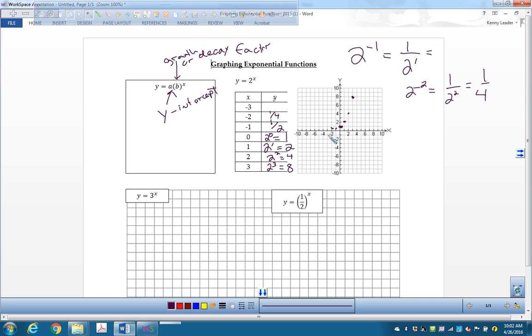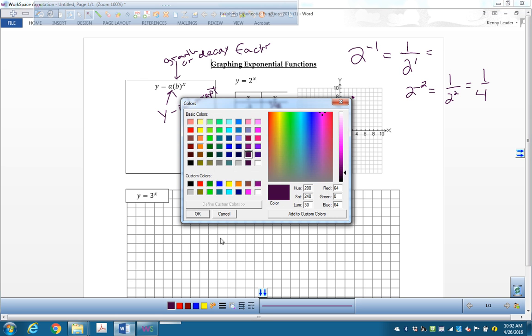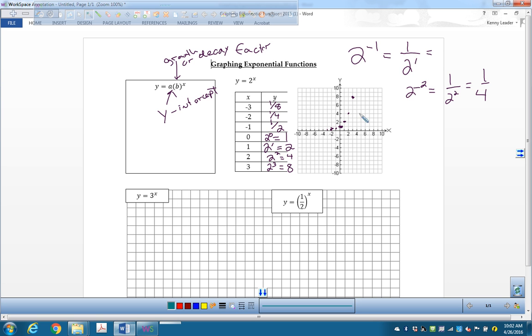I'm trying to be as accurate as I can. If I plugged in negative 3, I would get 1/8, right? So I get these little numbers, and what I get is a function that looks like this.